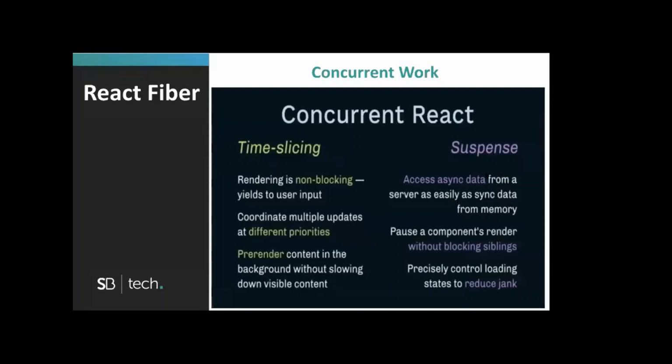This is one of the major features, and we can pass component rendering without blocking siblings, as I have shown. Precisely, we can also control loading states to reduce jank, which can be done using the new version of Suspense.